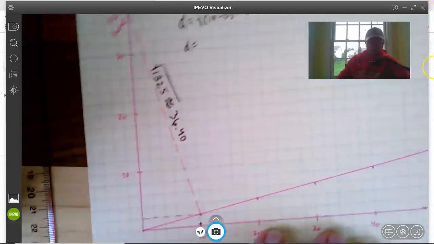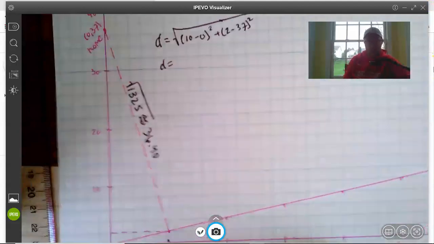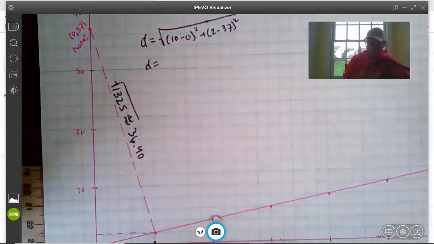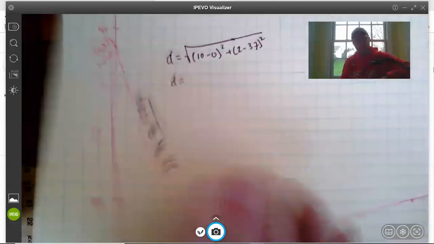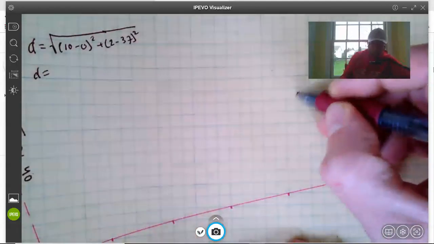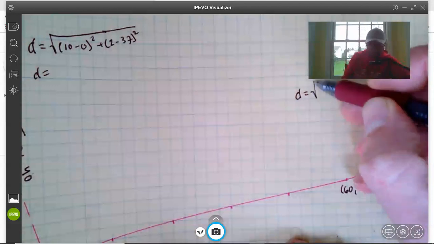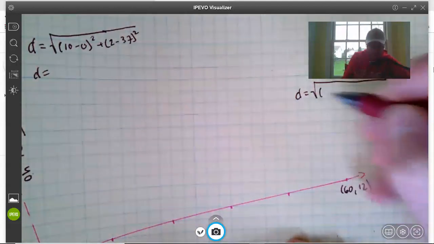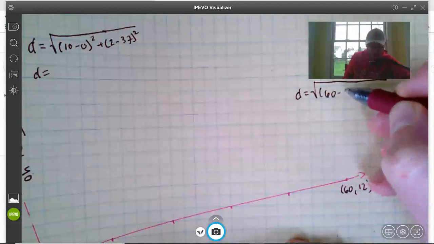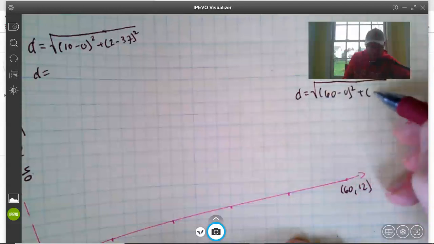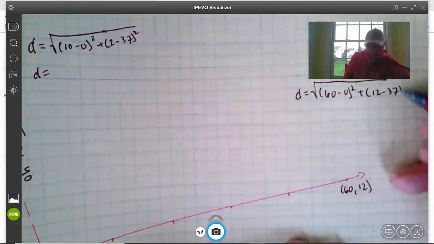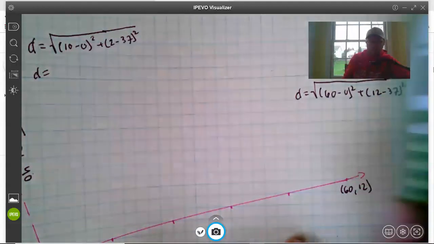And now, the question is, when are we 65 miles from home on this flight? And the answer is out here at 60, 12. We'll go D equals the square root of 60 minus 0 squared plus 12 minus 37 squared.